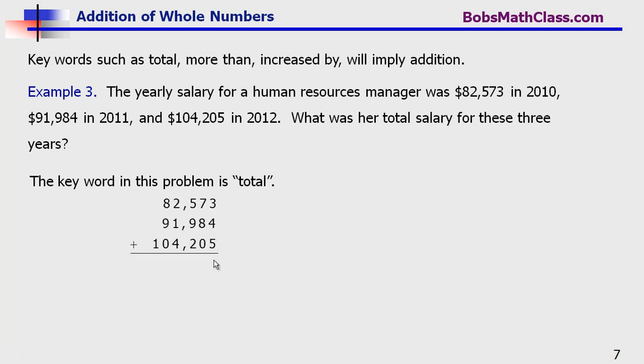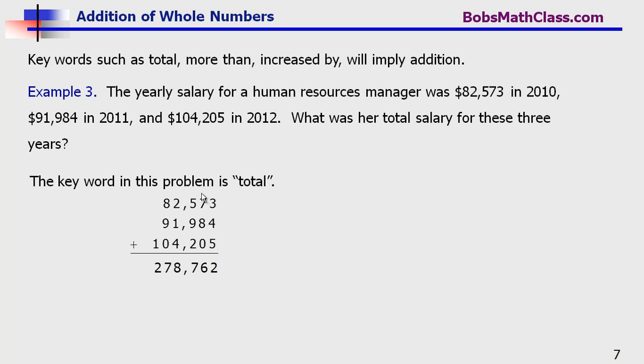Now you could go ahead and add them all up by column. So I'll give you a second to add the numbers, add each column, carrying as you go from left to right. You might want to pause it and then work it out. Okay, so there's your answer.